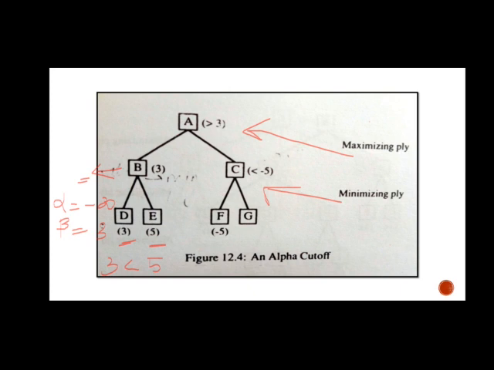That is why we update the value of beta at node B, and alpha remains the same. When we reach A, the value of alpha should be updated. So we update alpha as 3, since the minimum value we got from B will be the maximum value at node A. Alpha is 3 and beta is infinity.